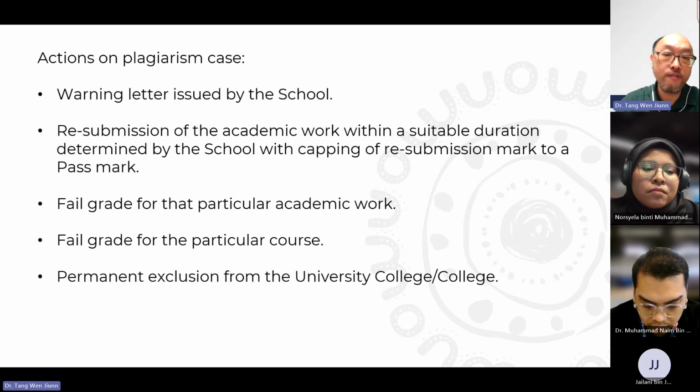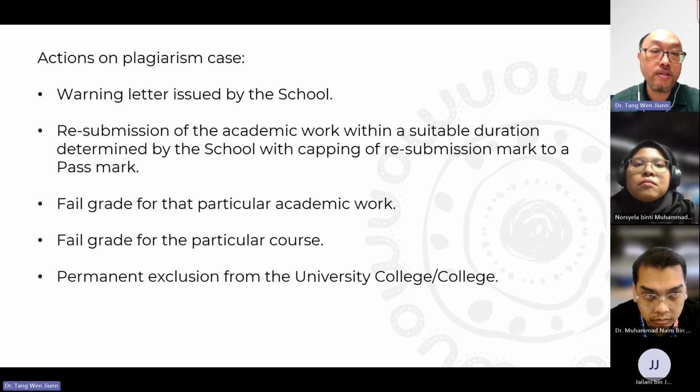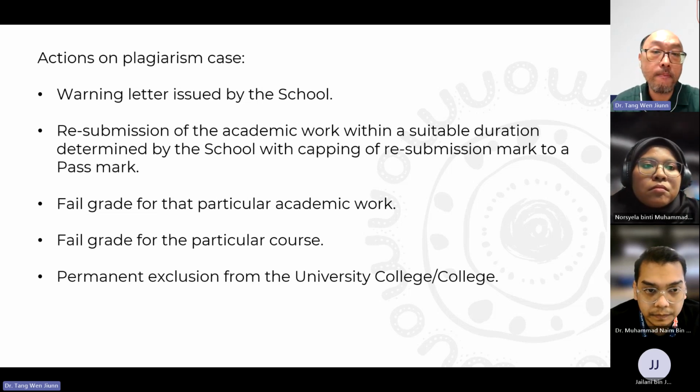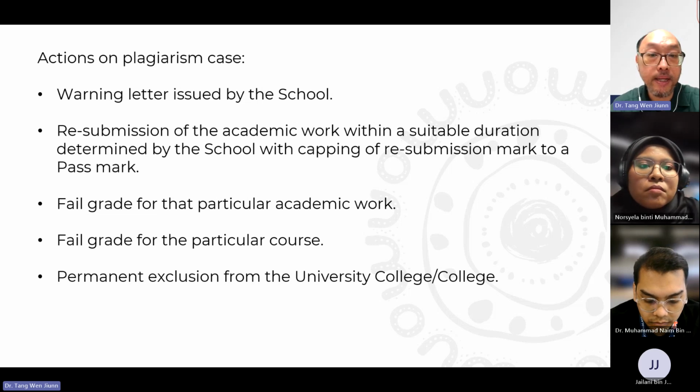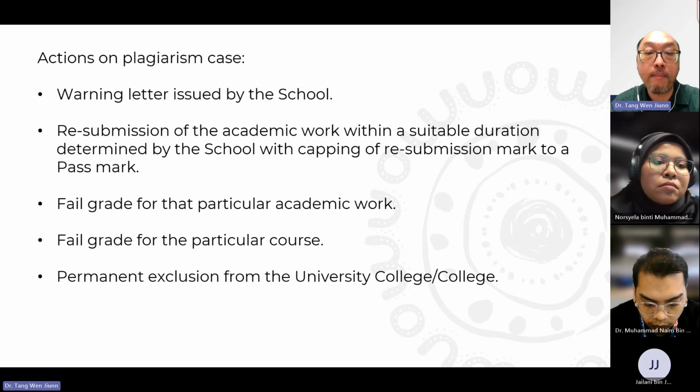We can tell them that if they are caught with plagiarism, these are some of the consequences they might face. The lightest one, of course, is a warning letter. The school has the right to issue a warning letter, or they have to resubmit their work within a certain duration, and the school has the right to cap the marks of the resubmitted work, or they can simply get a fail with no resubmission.